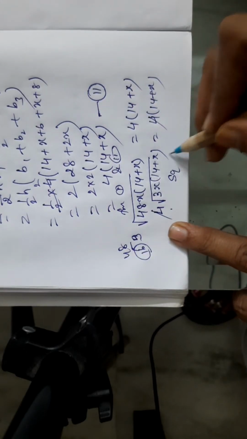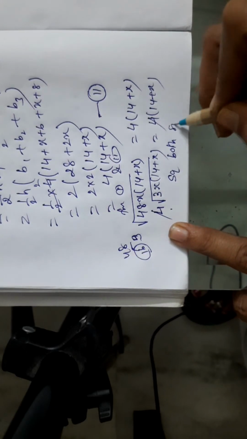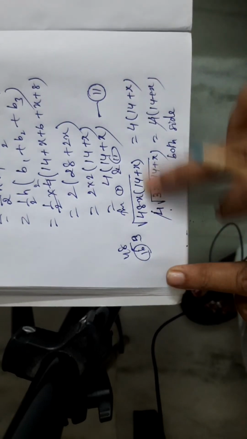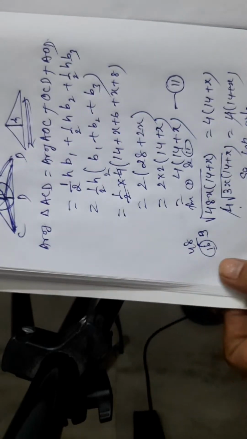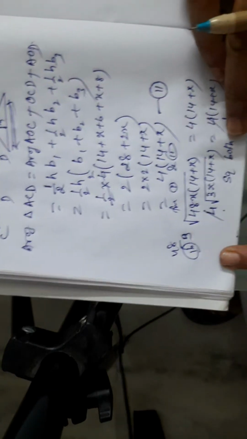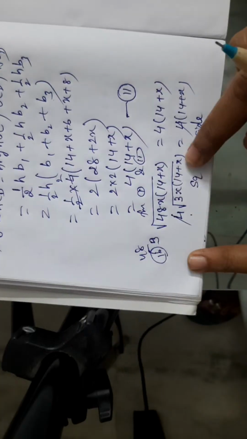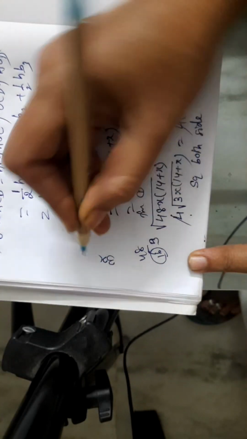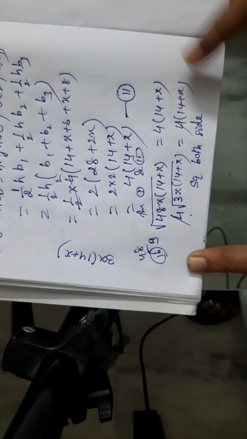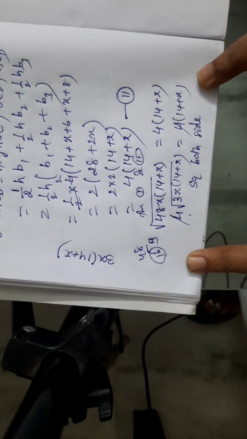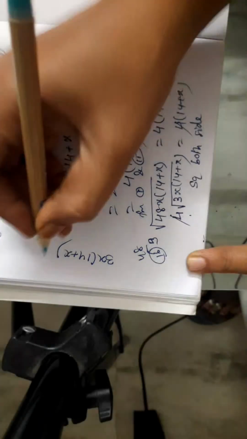Then squaring both sides. If you square, the root part will be removed. So how will we have the sum? I am solving it over here to see the thing clearly. If we remove the root, we are left with 3x, 14 plus x. And here the square of 14 plus x as we did squaring both sides.